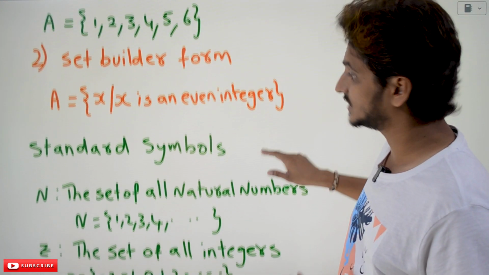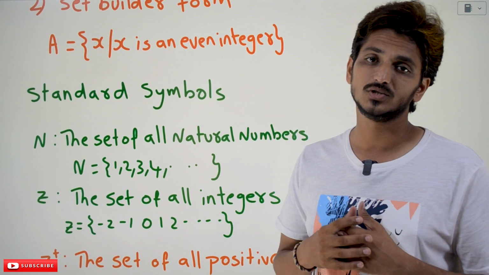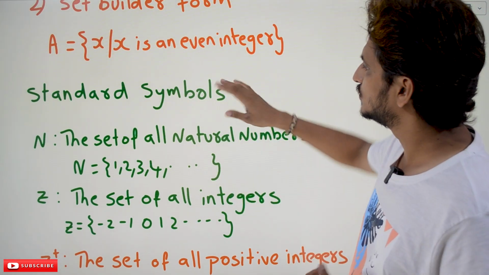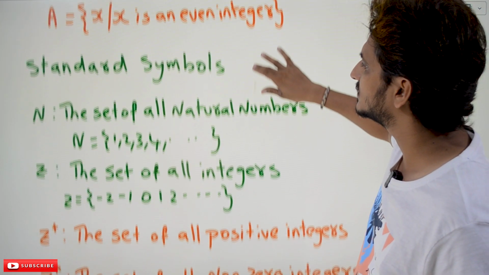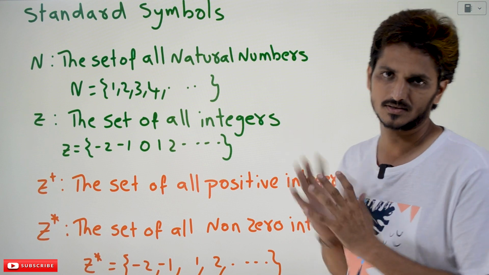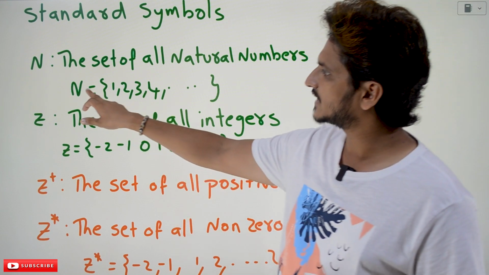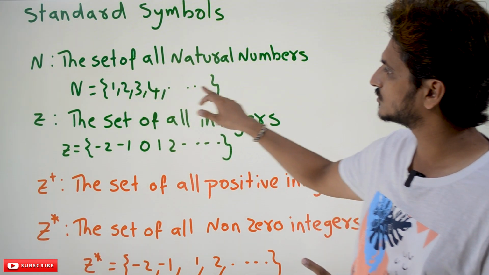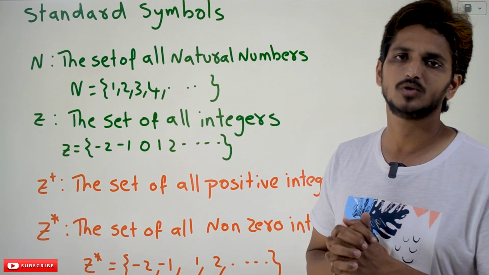Now coming to some standard symbols which we are going to use in this entire discrete mathematics. N means the set of all natural numbers. That is given as capital N equal to the set of all natural numbers, which starts from 1, 2, 3, 4, and so on up to positive infinity.